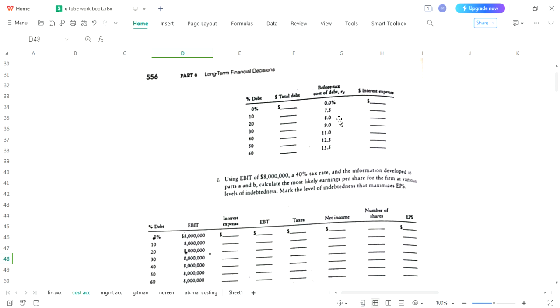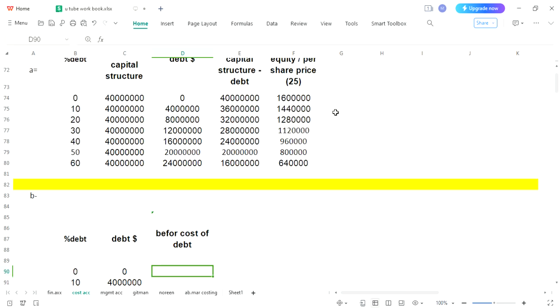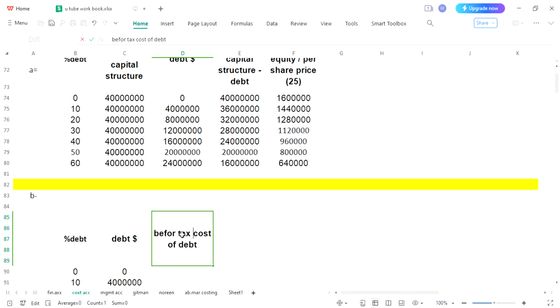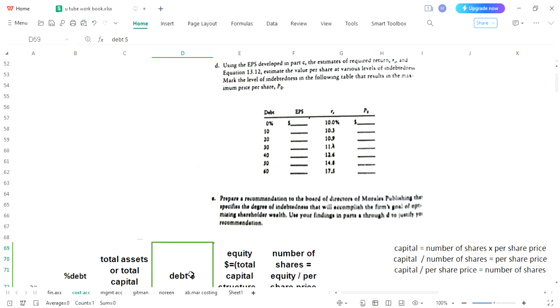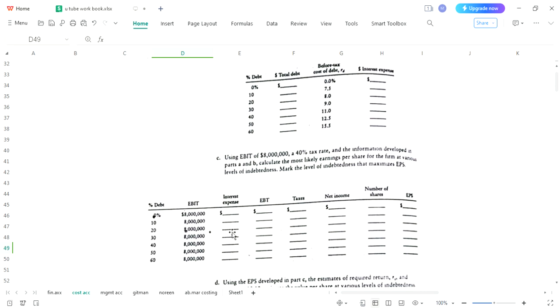So first, the before tax cost of debt is 0%. Actually the heading is before tax cost of debt. First is 0%. All right. And next is 7.589.